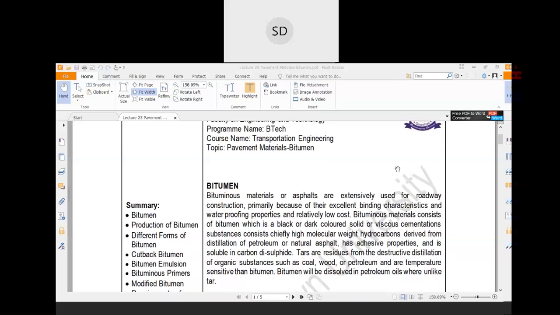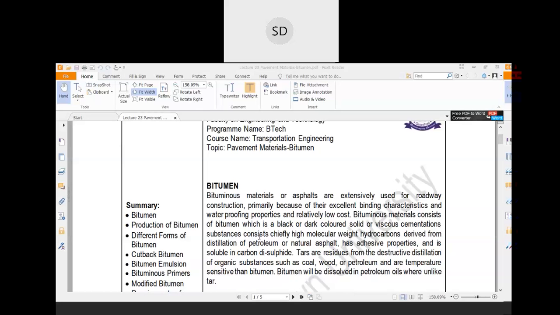These bituminous materials consist of bitumen, which is a black or dark colored solid or viscous cementitious substance, generally termed as semi-viscous.